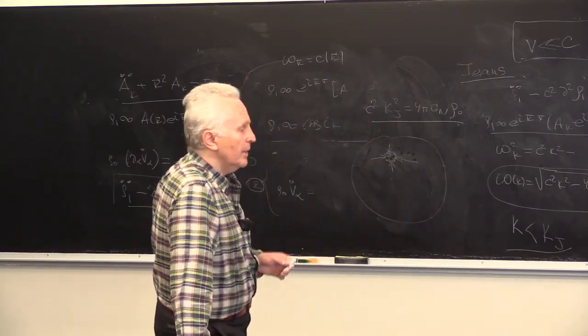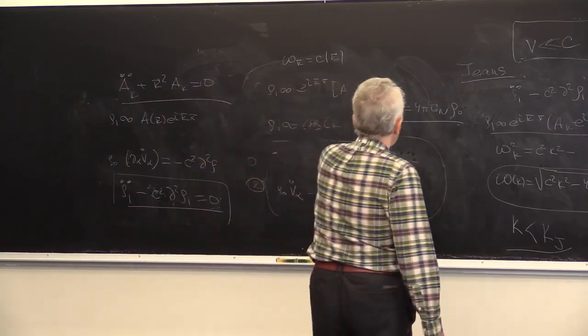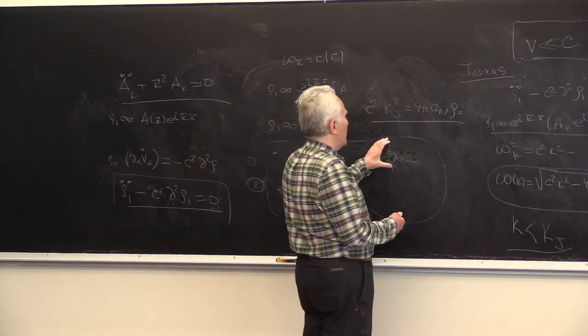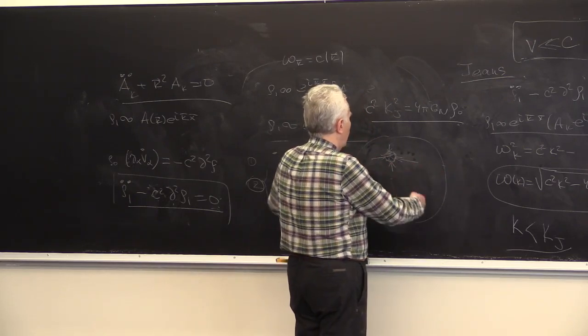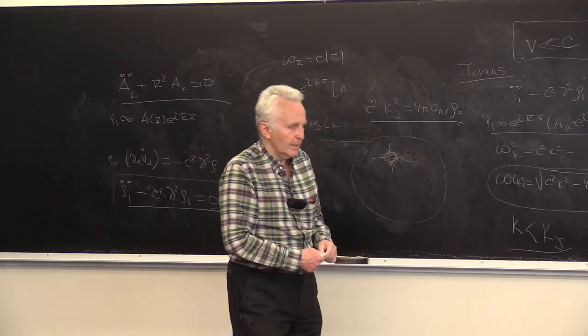So how would you explain this? The first impression from this formula is that for any size of the fluctuation, you have an instability.